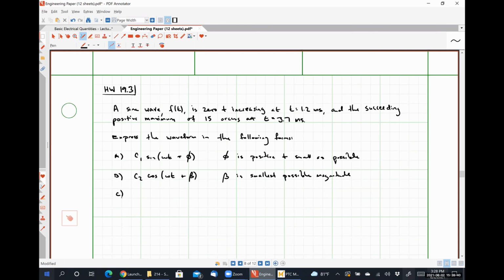And C: C3 cosine omega t plus C4 sine omega t.